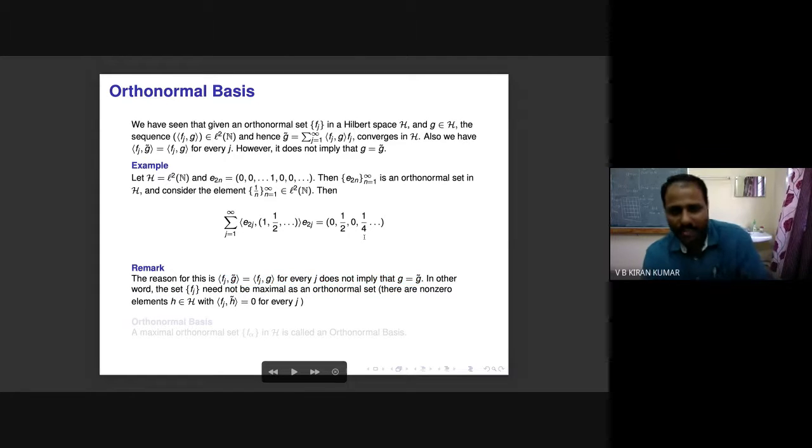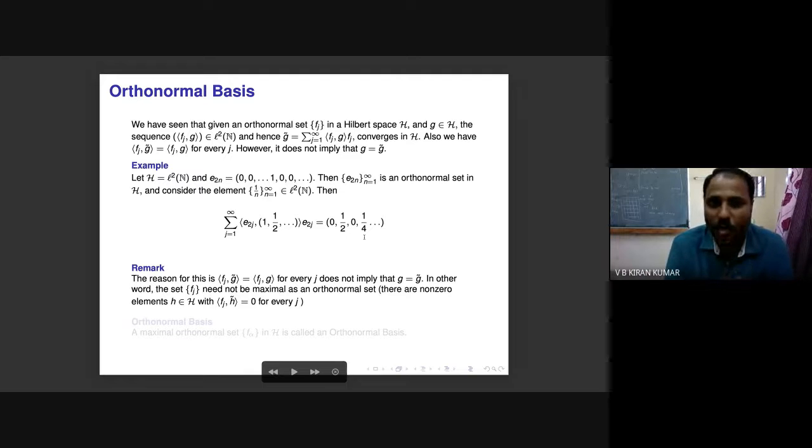So what happens is that orthonormal sets are not enough. You need a maximal orthonormal set to satisfy this condition. If fj g tilde equal to fjg for all j, it should imply g equal to g tilde. This condition should be there. So it happens only when fj is a maximal orthonormal set.